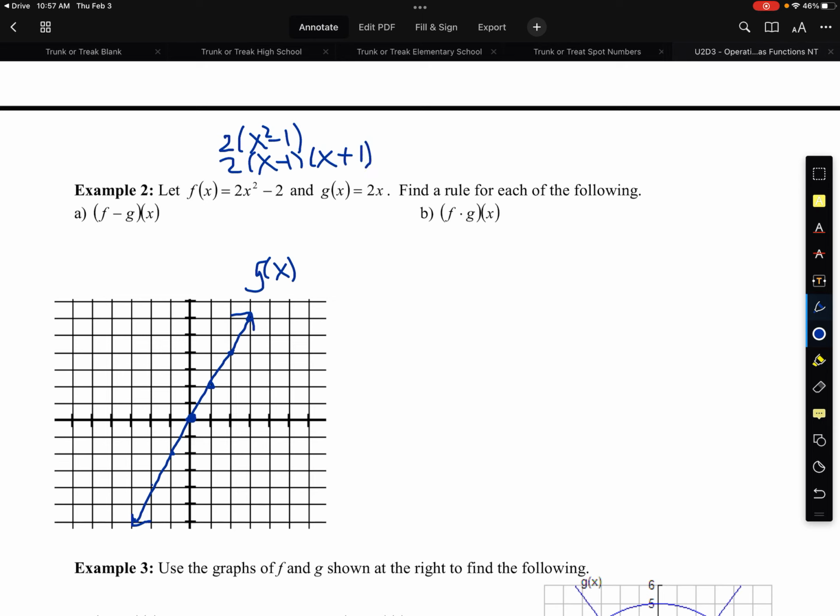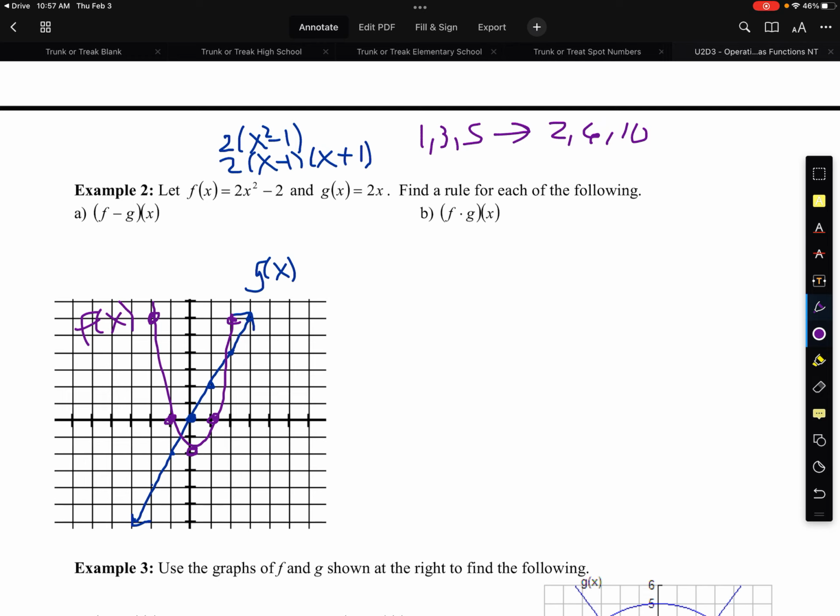So my y-intercept is 0, negative 2, which is also my vertex. My x-intercepts are there. And with the 1, 3, 5 method, because a is 2, it's 2, 6, 10. So if we want to get everything out there, we go up to that and up to that. So that is my f of x.